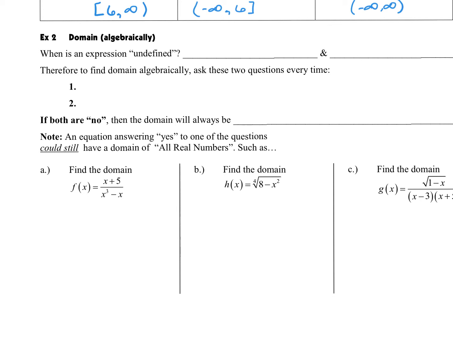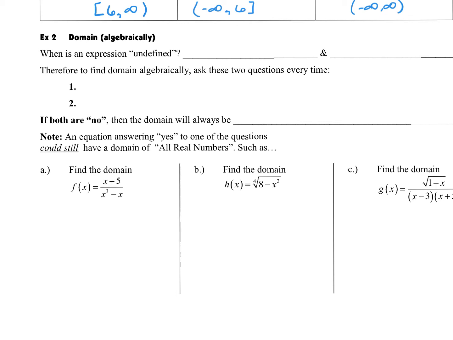You can certainly use graphs to verify your answers, but we want to understand what to do when we don't have a graph. Now, the main idea that we're going to be thinking about is where expressions are undefined, because values that make an expression or an equation undefined are going to be excluded from the domain.